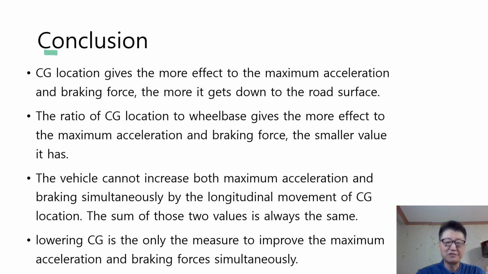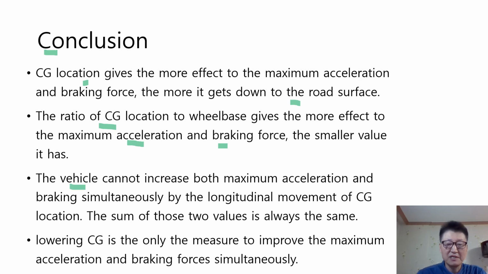We have a conclusion here. CG location gives more effect to the maximum acceleration and the braking force, the more it gets down to the road surface. The ratio of CG location to wheelbase gives more effect to the maximum acceleration and the braking force, the smaller value it has.